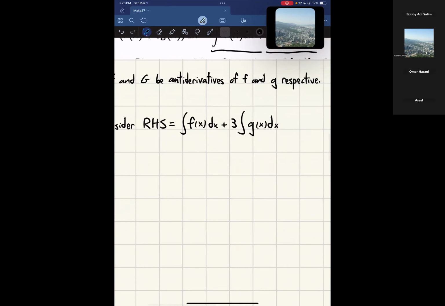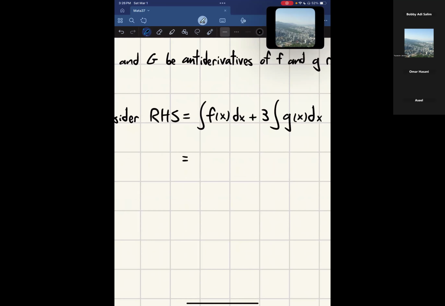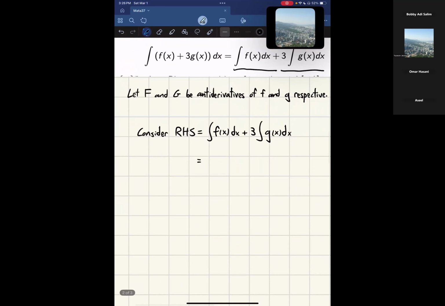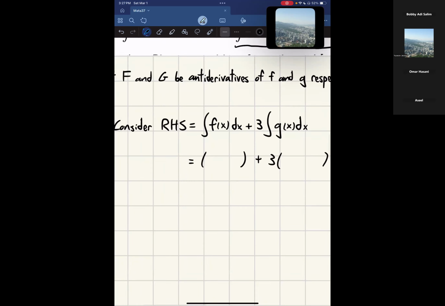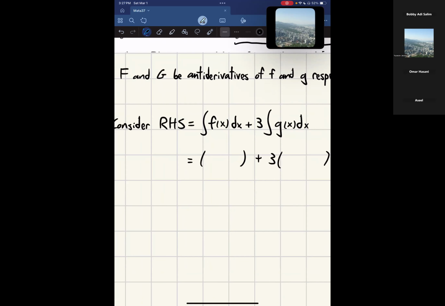So consider this. Now, what would this equal in terms of just using big F and big G? Yeah, exactly. So plus C. Technically, by definition, they each have their own plus C, so we're going to call them C1 and C2 here.